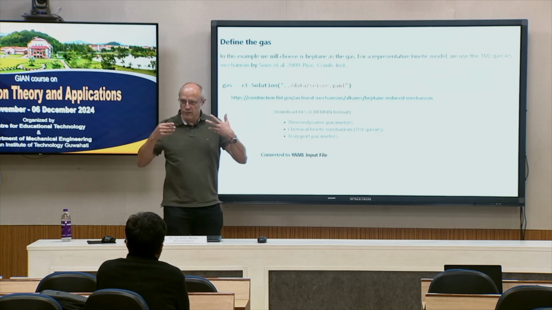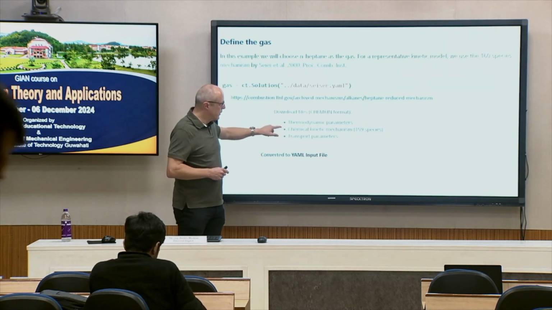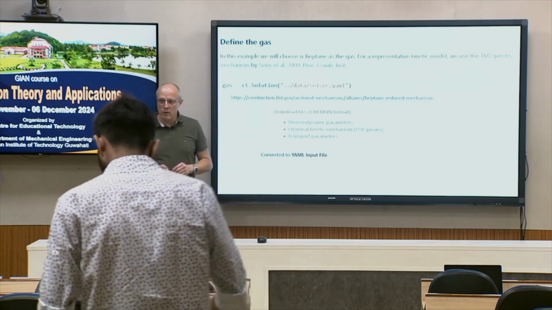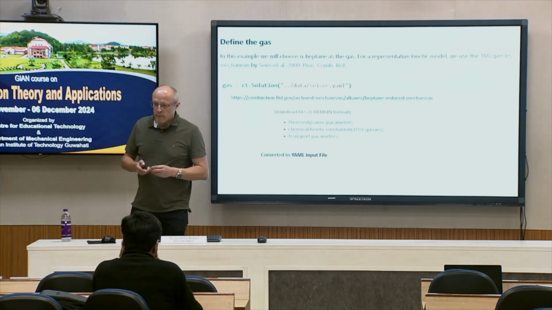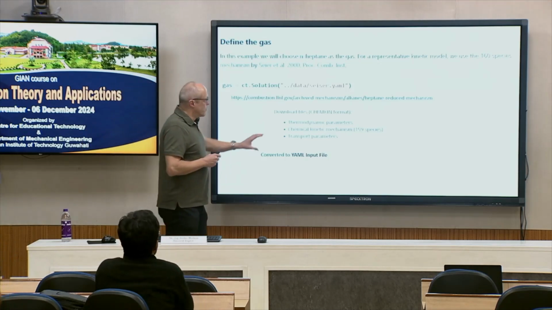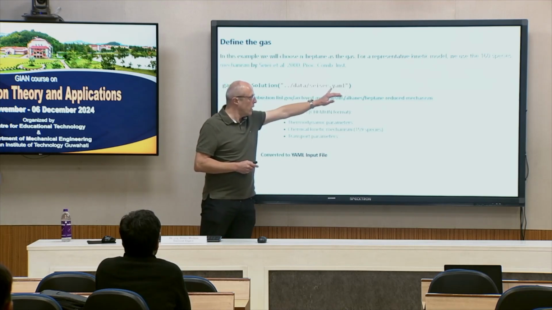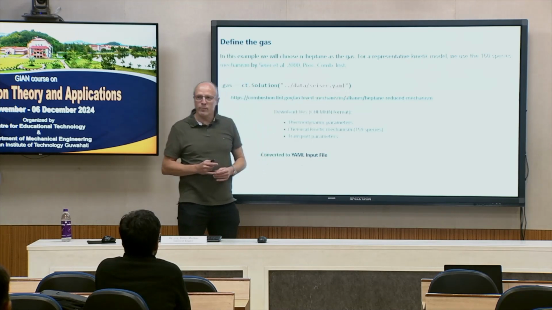Of course, we have a 0D calculation here, so we don't have to bother about this part. And finally, you can download the chemical mechanism. This is not the format we need. We need a YAML file.